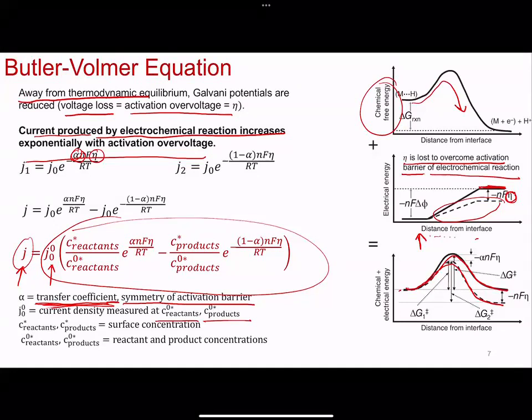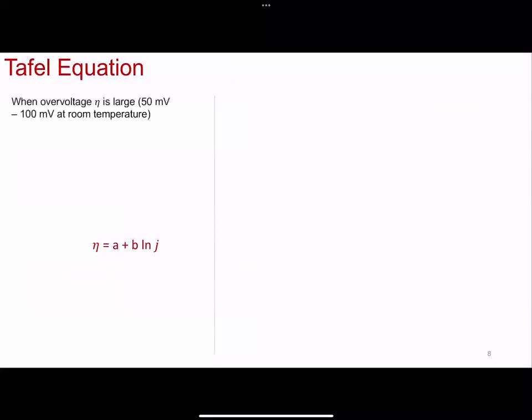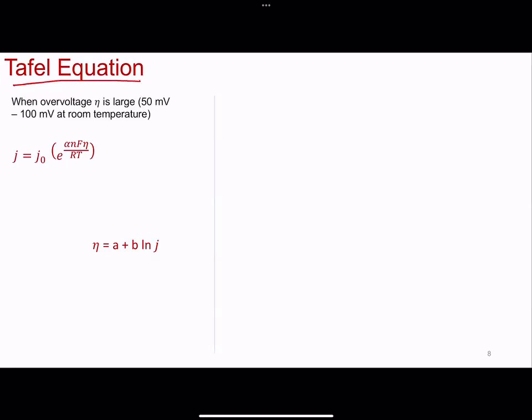So you'll see some version of this in corrosion as well. Okay, so the other form of assessing fuel cells is looking at the Tafel equation. Let's say this is what happens when an overpotential is really large, and by large, that's 50 millivolts to 100 millivolts at room temperature.